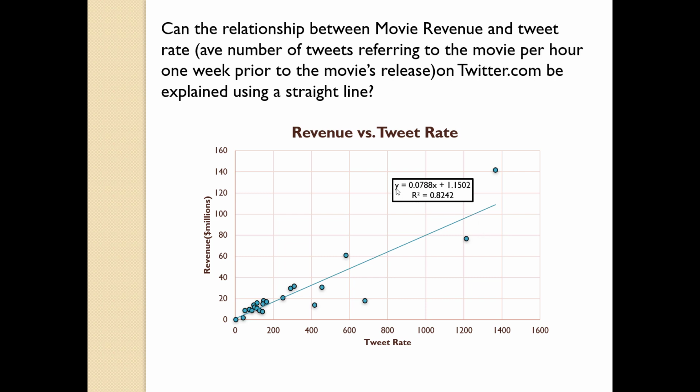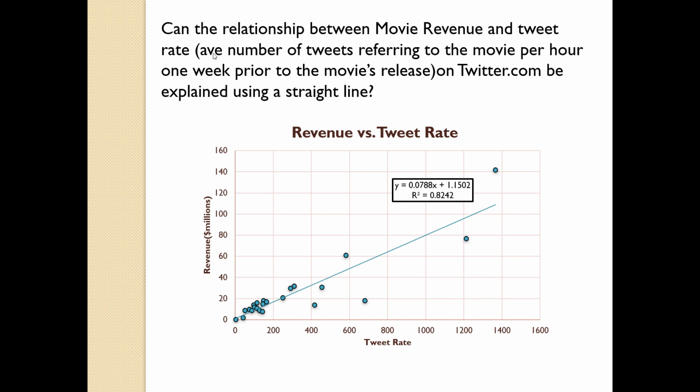A couple things we'll note is that we do have an estimate, right? Now, I know Excel doesn't put the expected value y or the y hat on there, and that's on them, okay? But we recognize that this would properly be described as a y hat. And we see the slope of 0.0788. So that just means that an increase of 1 unit in x. Now, what is 1 unit in x?